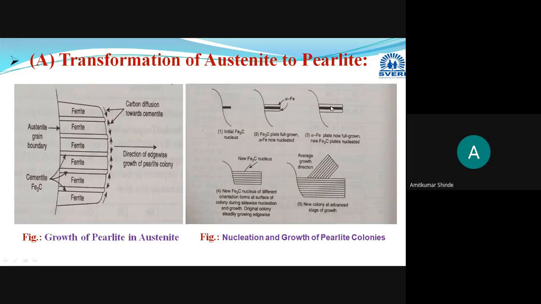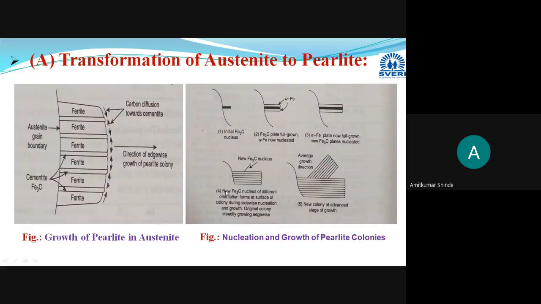In the same way, a number of layers of ferrite and cementite will be formed. Together, these layers will form a colony of pearlite, and a number of colonies will come together, and the whole structure of the pearlite is formed.